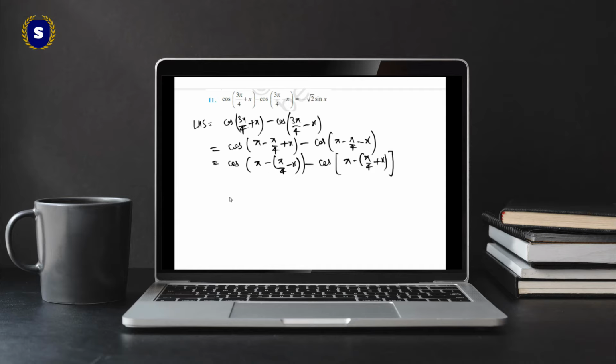So using identity, okay, no need to use identity, I have cos(pi minus theta) is equal to minus cos theta. This we already know. So I'll apply this in the above equation. It is equal to minus cos(pi by 4 minus x), then minus and minus will become plus, plus cos(pi by 4 plus x).